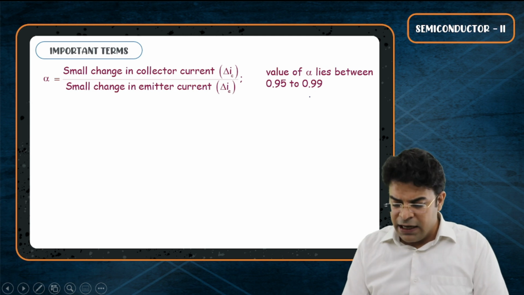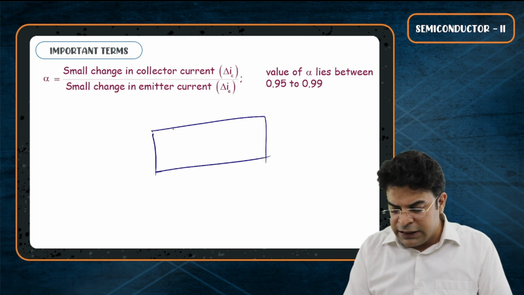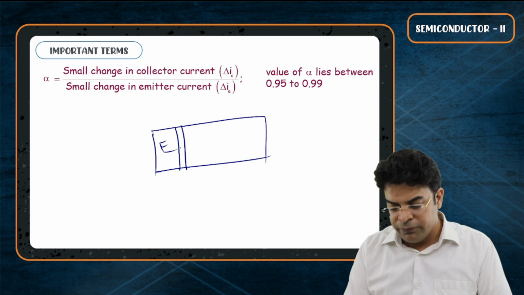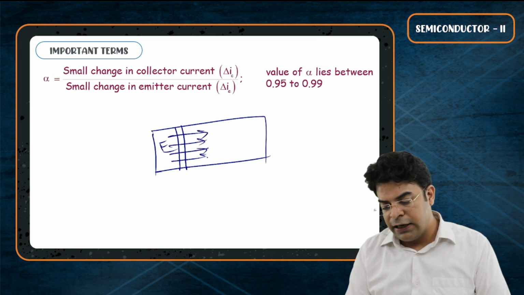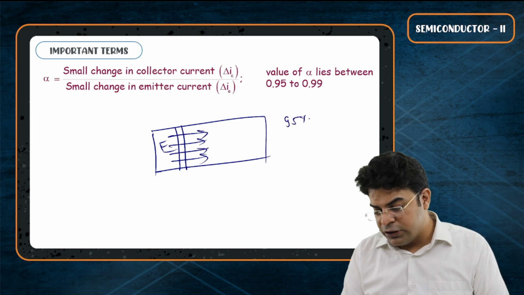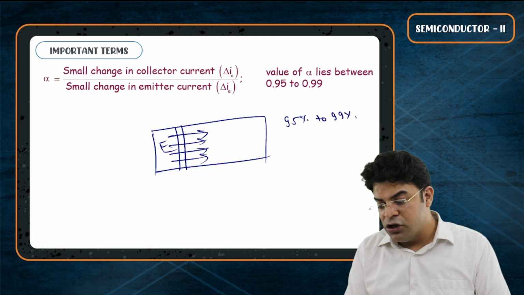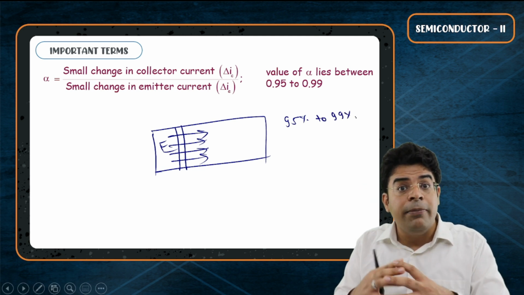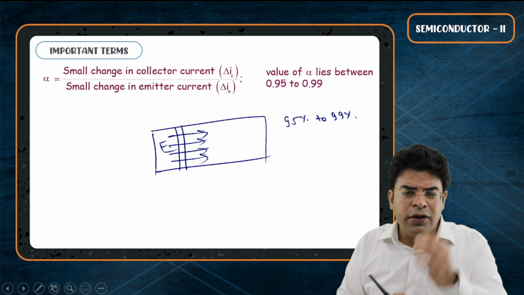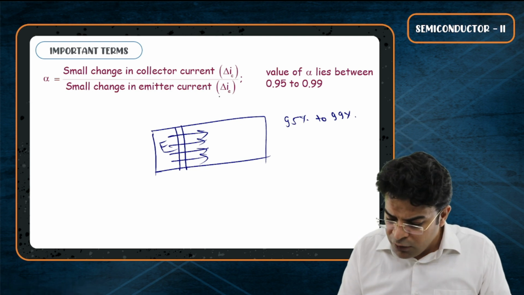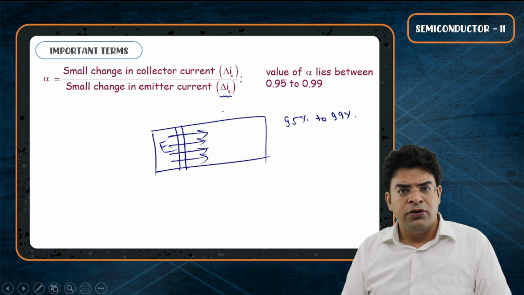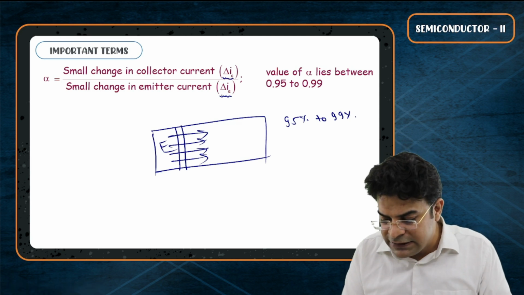We have learned that the majority of the charge carriers emitted by the emitter move to the collector. So 95% to 99% of the charge carriers emitted by the emitter move to the collector. So if I ask you what fraction of the emitter current goes to collector, what is IC by IE?